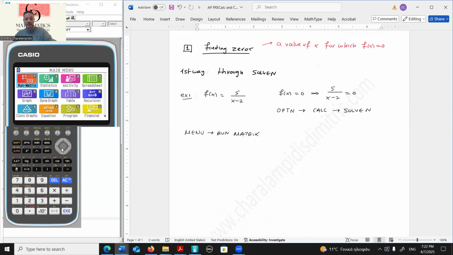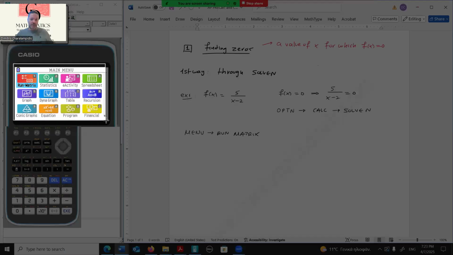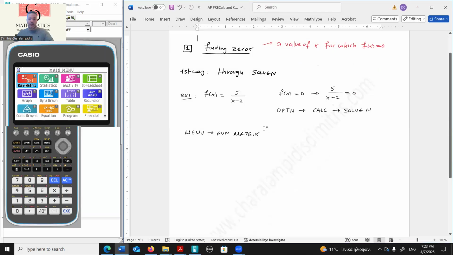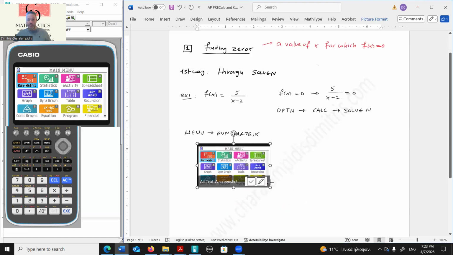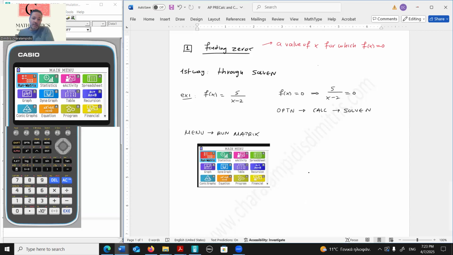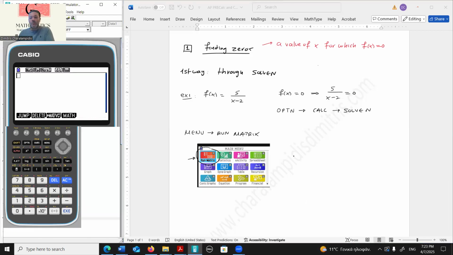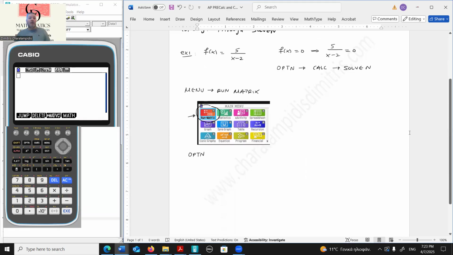Simply because I want to create a PDF from this as well, I'm gonna take them here and paste it here. The run matrix is that. Click on that. Next, we want to use the option button, OPTN. There is literally a button titled OPTN on your calculator.